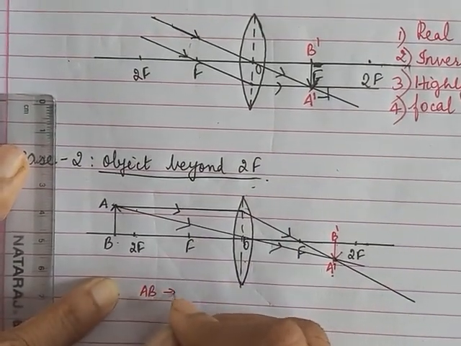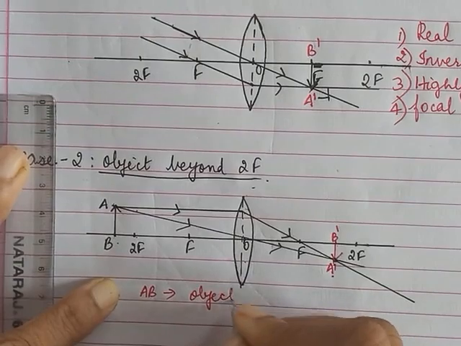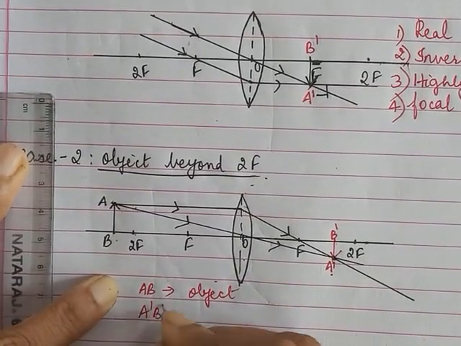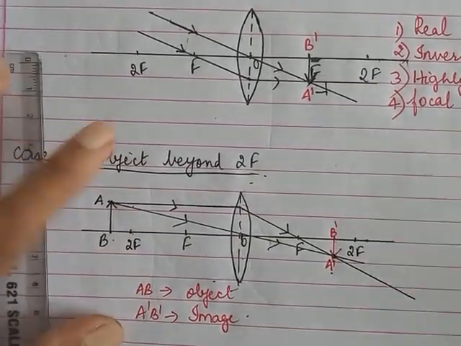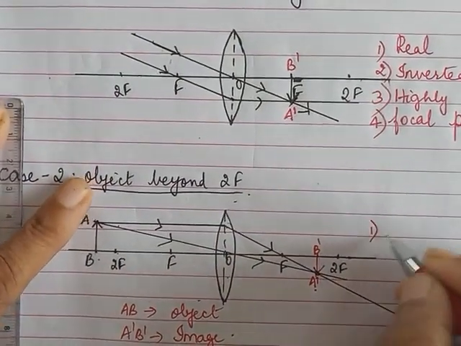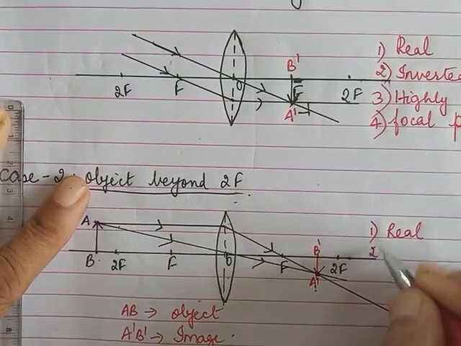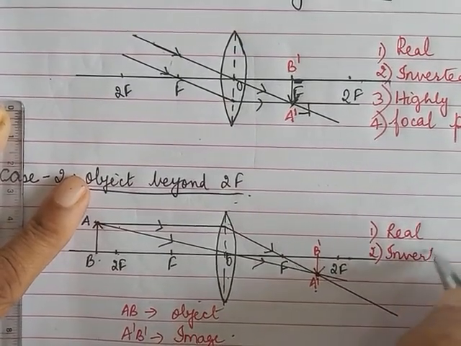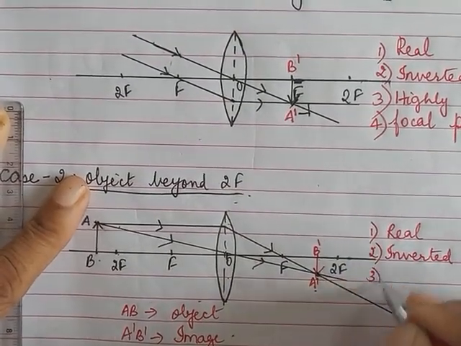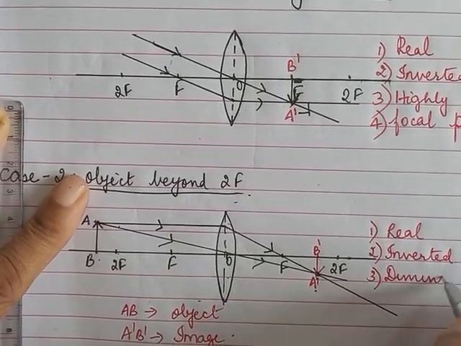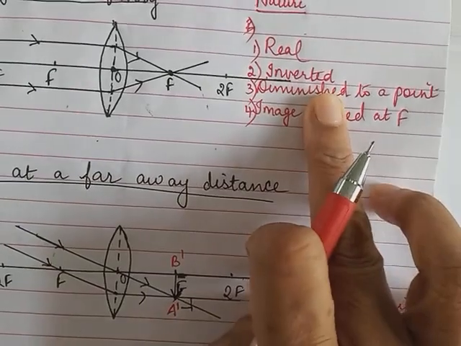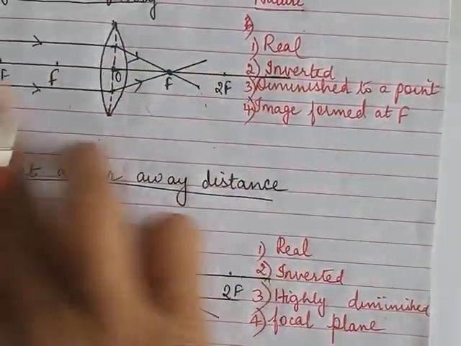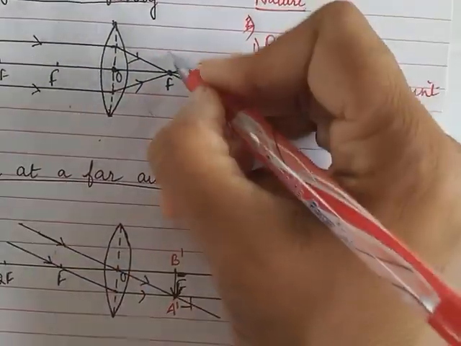Now immediately this is labeling. You write AB object and A dash B dash is the image. And then write the characteristics: real, inverted, then diminished. Diminished means small. This was diminished to a point. This is extremely diminished. The whole sun could be focused to a single point.